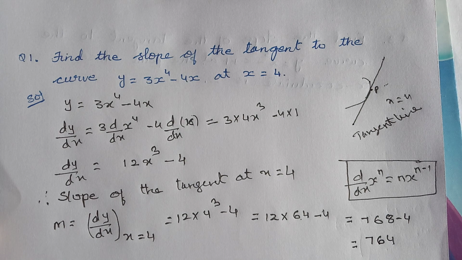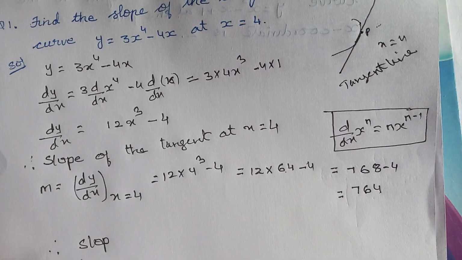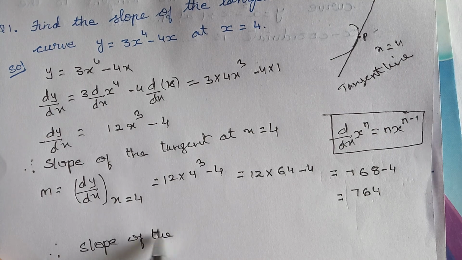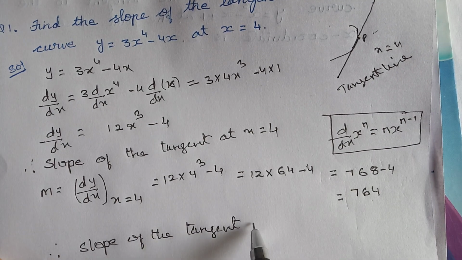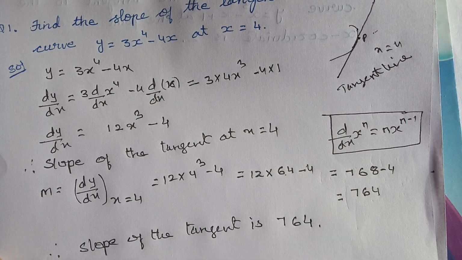Therefore you can say the slope of the tangent is 764. Okay, this is the first problem.